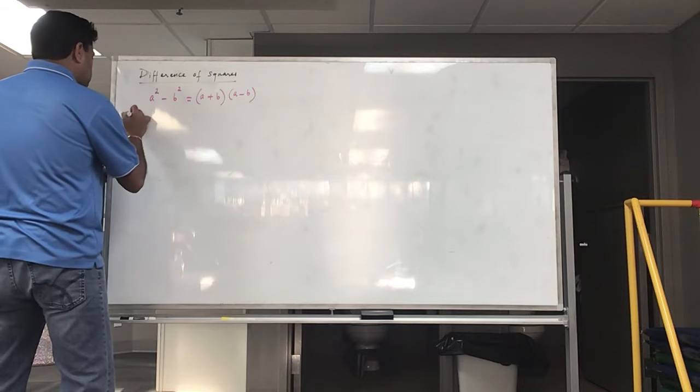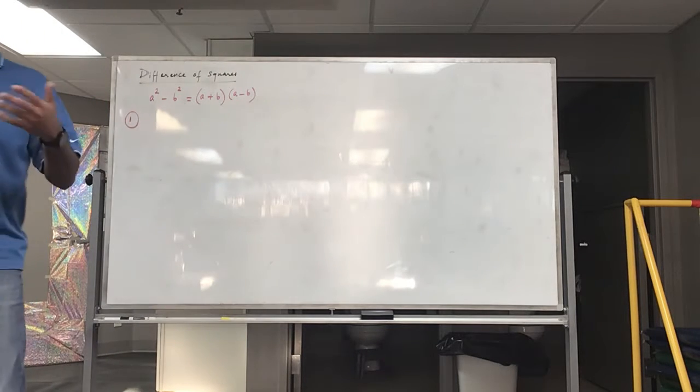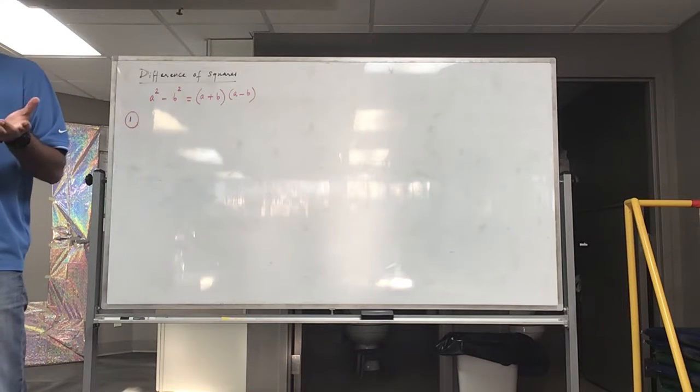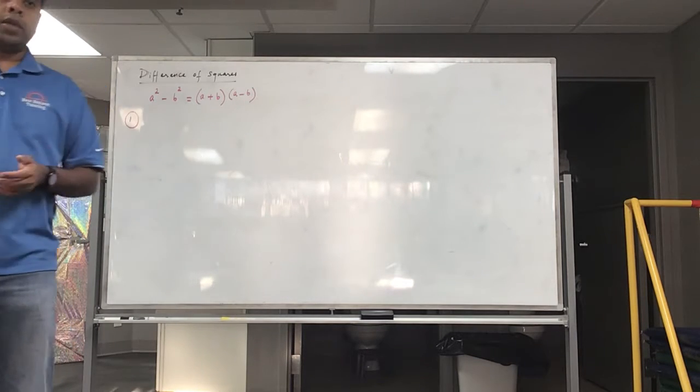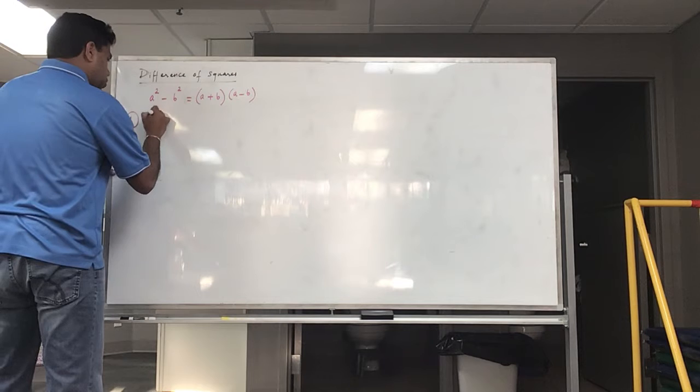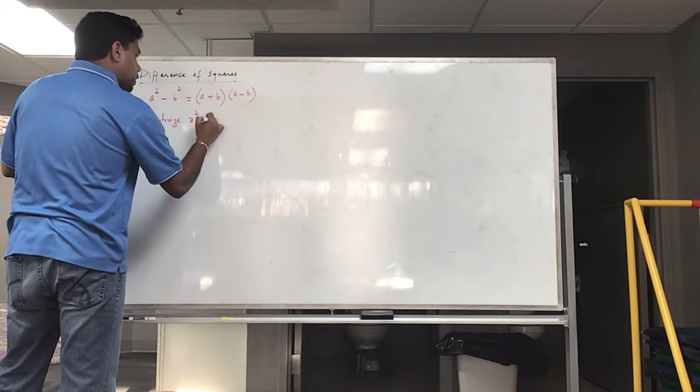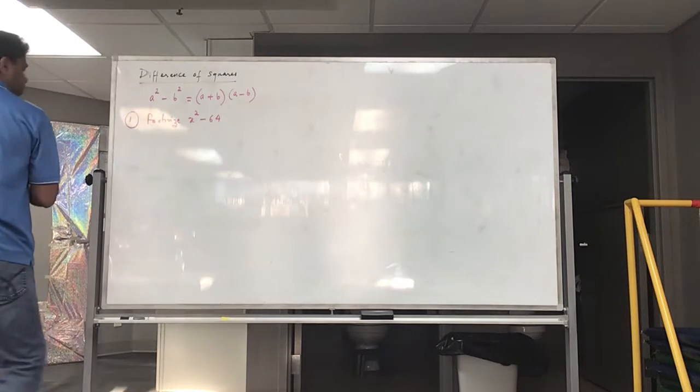The first one, and the question may be simplify or factorize, okay? They'll use either of the words, simplify or factorize. So factorize, of course the first one is easy, x squared minus 64. Go.